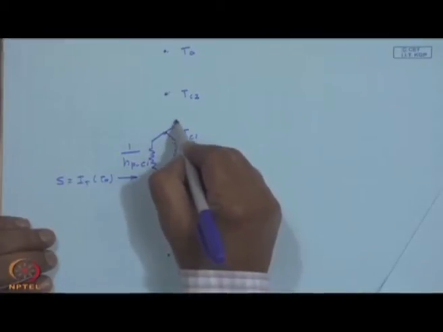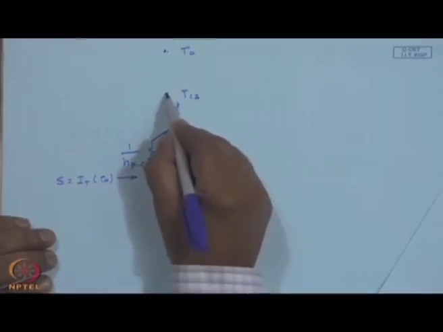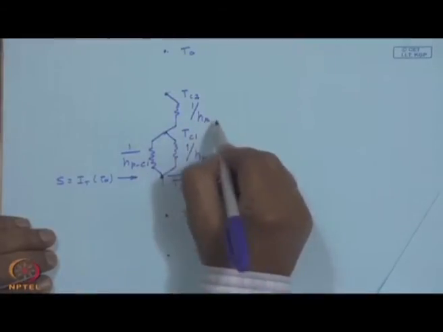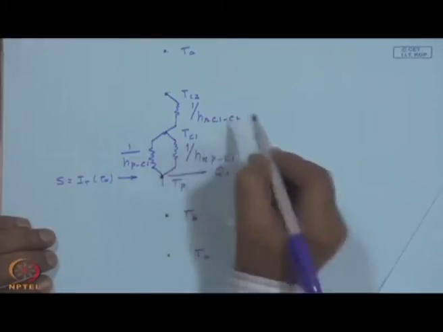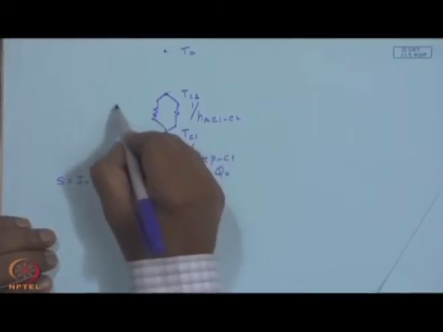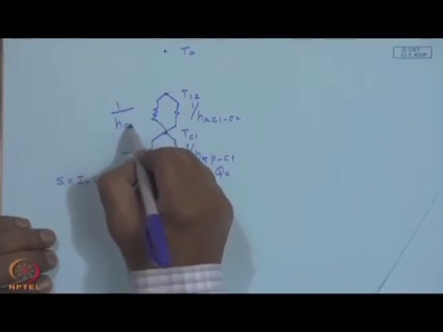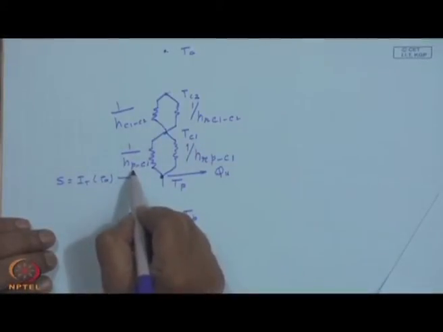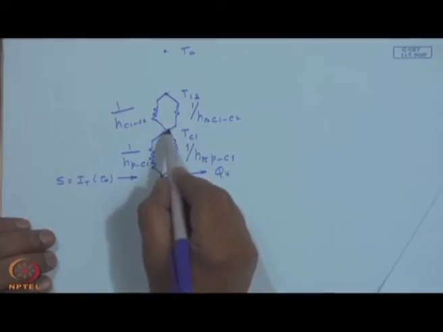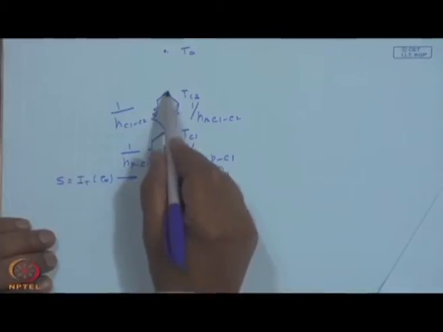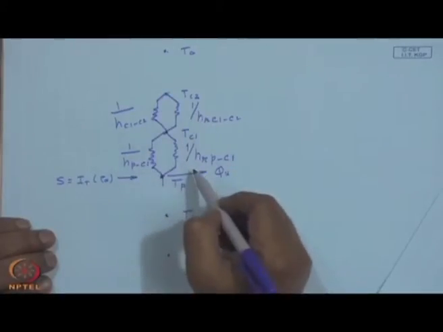Similarly, we have two parallel paths, which are 1 upon H r C 1 to C 2 and 1 upon H C 1 to C 2. In other words, H P 2 C 1 is the convective heat transfer coefficient between the plate and cover 1, and H C 1 C 2 is the convective heat transfer coefficient between cover 1 and cover 2, whereas the H r counterparts are the radiative heat transfer coefficients.